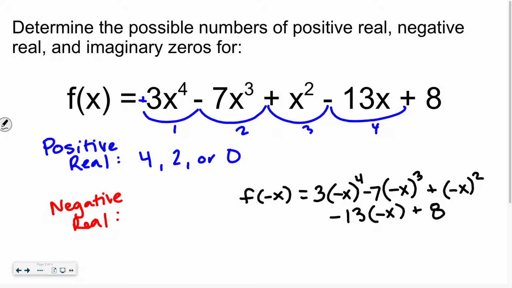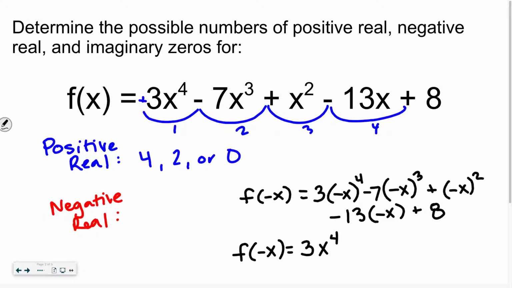So this is really just positive x to the fourth, and positive x to the fourth times 3 is still positive 3x to the fourth. So when I'm starting to simplify, the first term doesn't change. It's still 3x to the fourth.